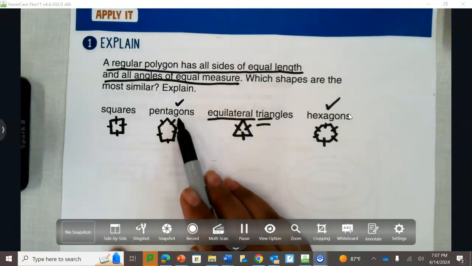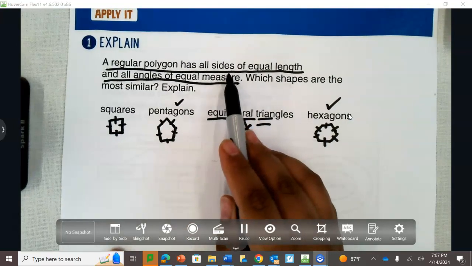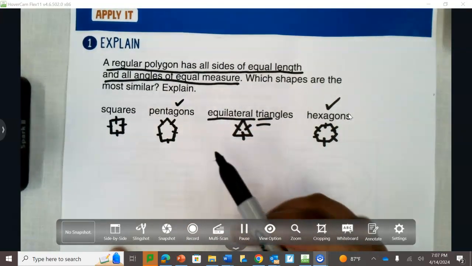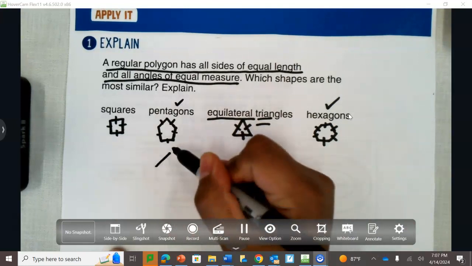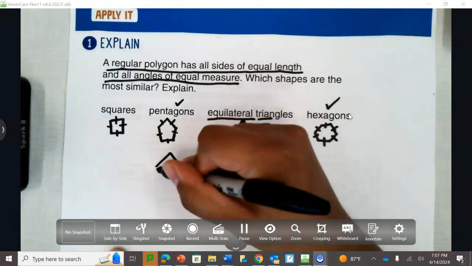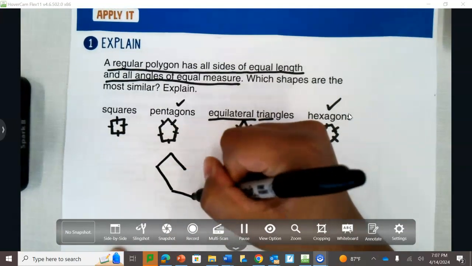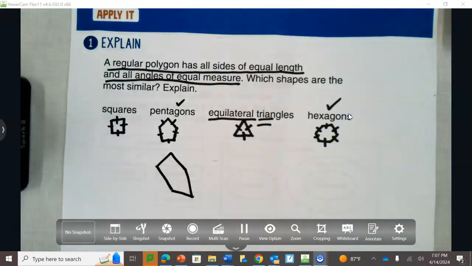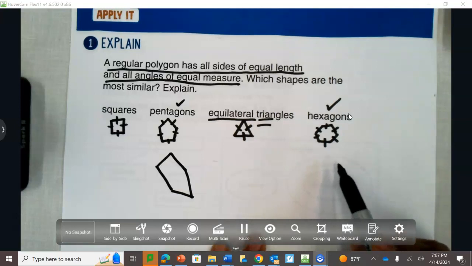Now a regular pentagon can definitely fit this category, but there is such a thing as irregular pentagons where the shape might look something more like that. And same thing for hexagons, the shape may look something like this.